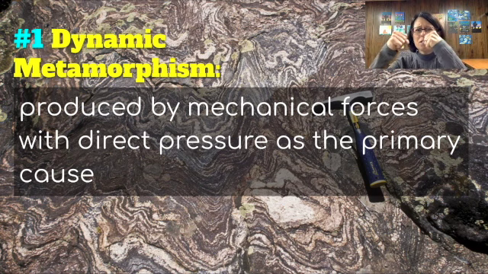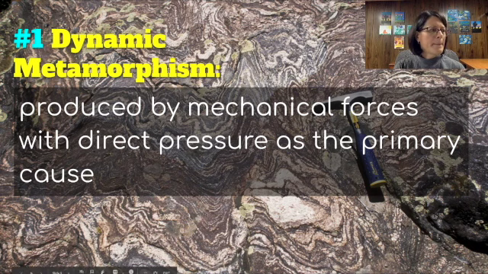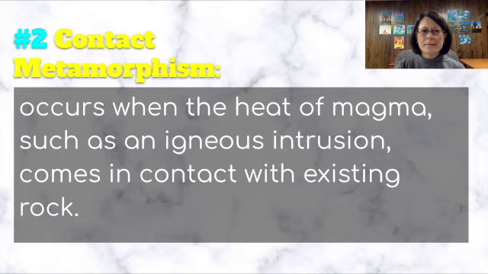So forces pressing, such as along a fault, such as during an earthquake, or some other catastrophic event like that, will cause folding of the rock layers, as you can see in the picture here. You can see these folds that zigzag back and forth. That is caused by pressure being applied to that rock.